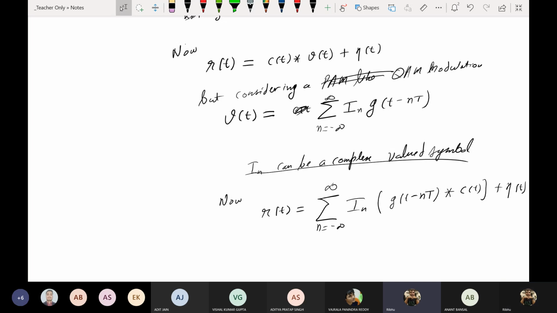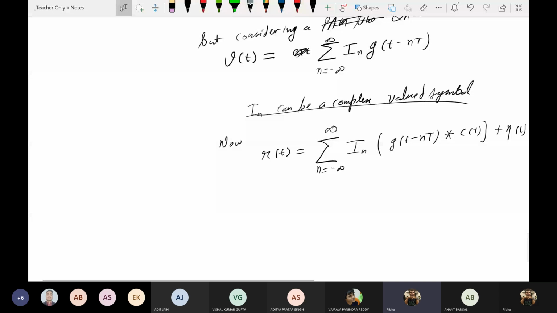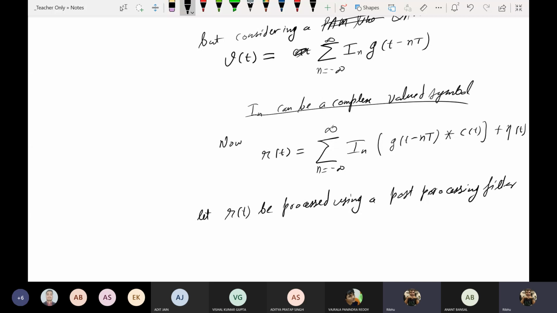This is okay. Let r(t) be processed using a post-processing filter p(t).